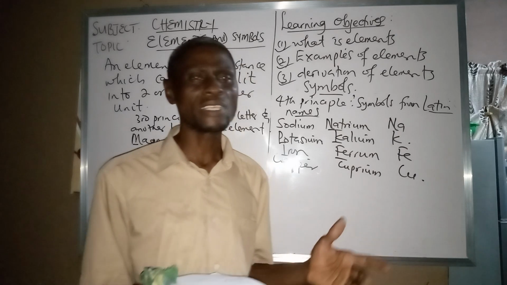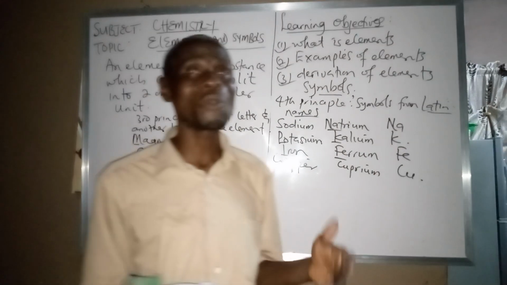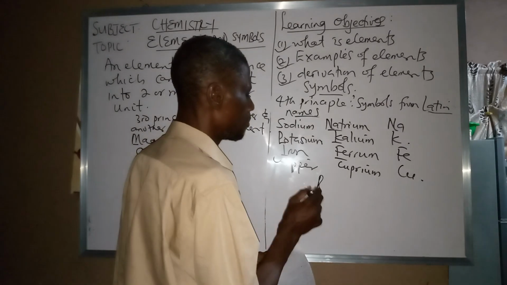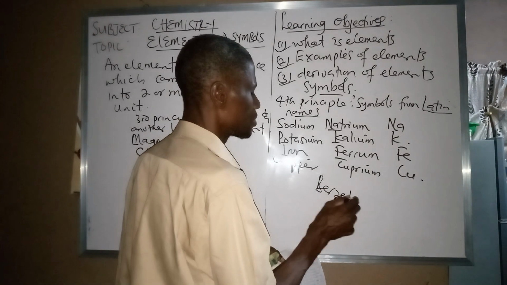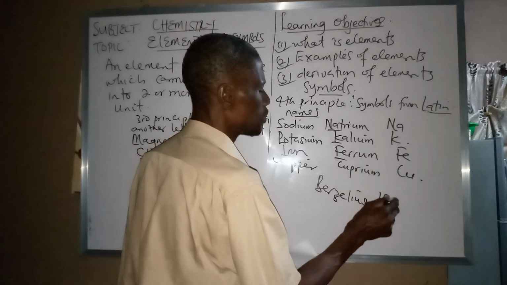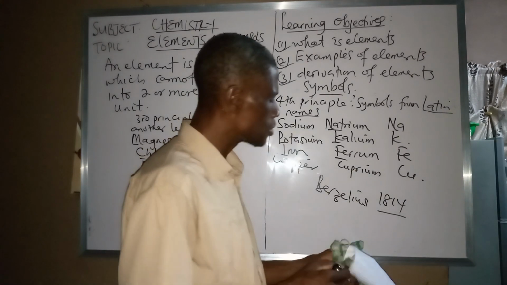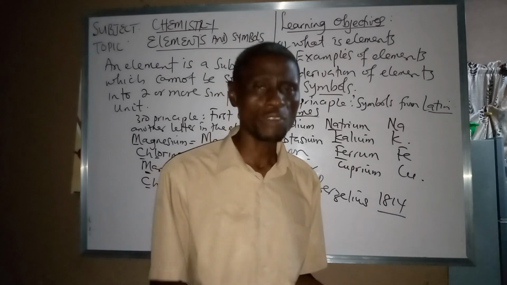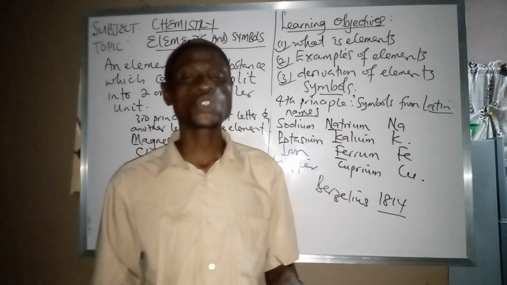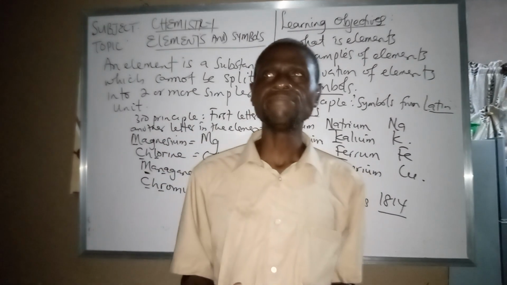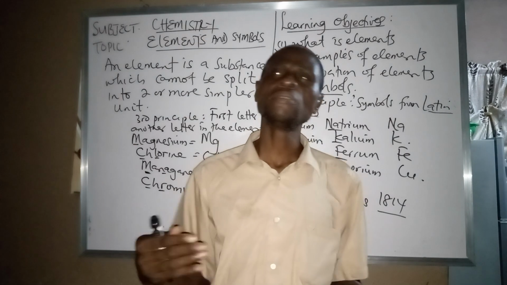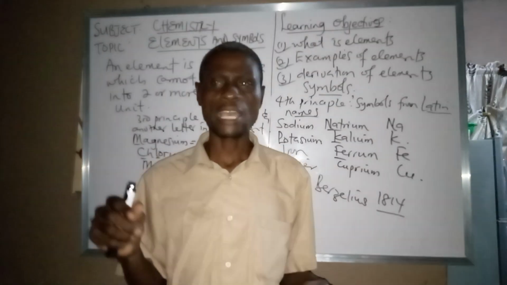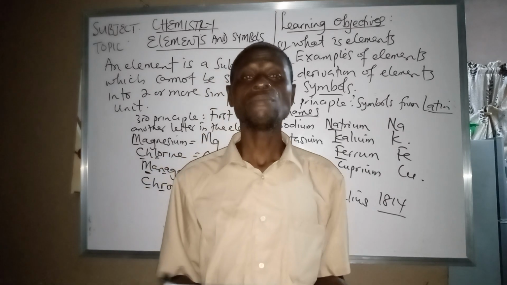Most of these principles are based on Berzelius in 1814, who also gave the verification of most of these early symbols. So that's where we are going to stop today. We have seen how these elements' symbols are derived and what they look like. But no two elements have the same symbol.